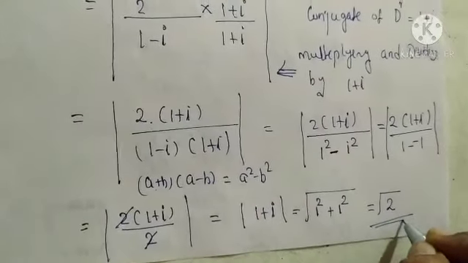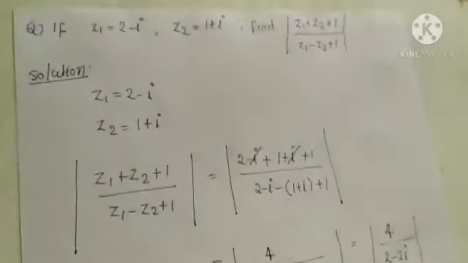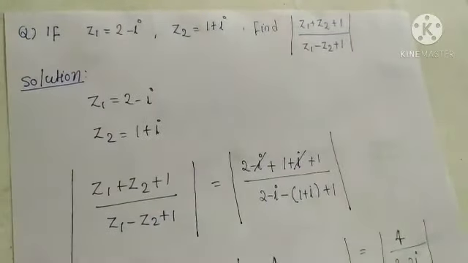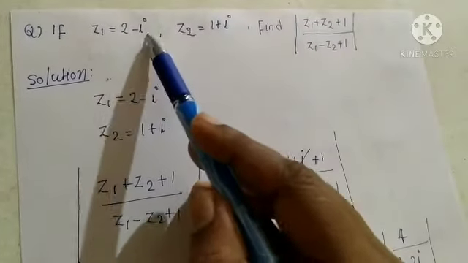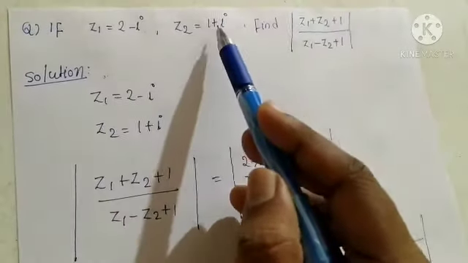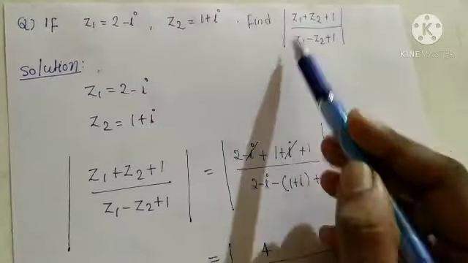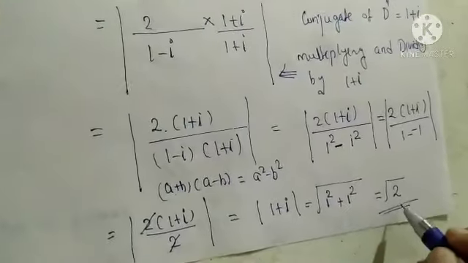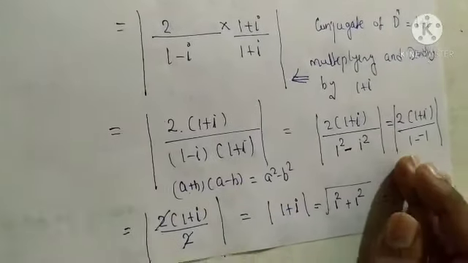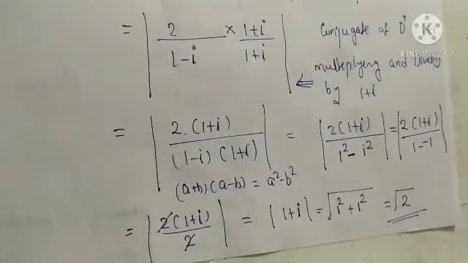Okay, I hope you understood this question. So just replacing z1 by 2 minus i and z2 by 1 plus i in this question, we will get our final answer as root 2. Okay, is it clear?